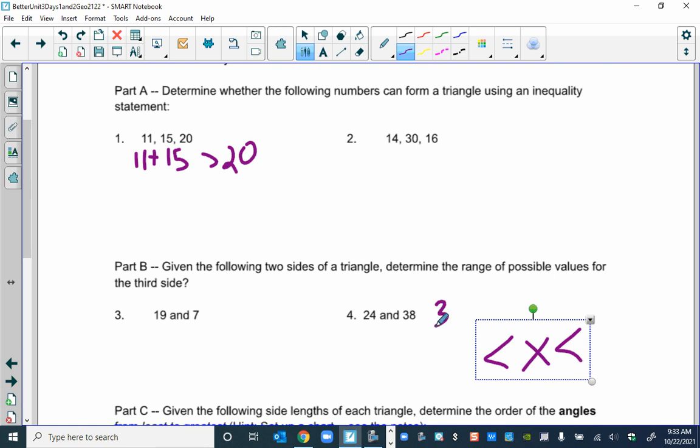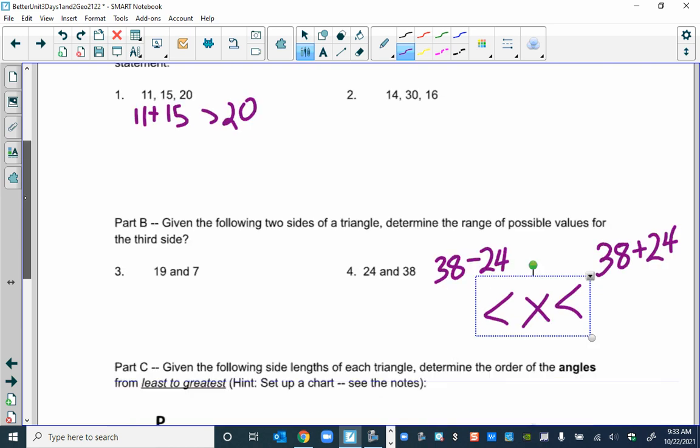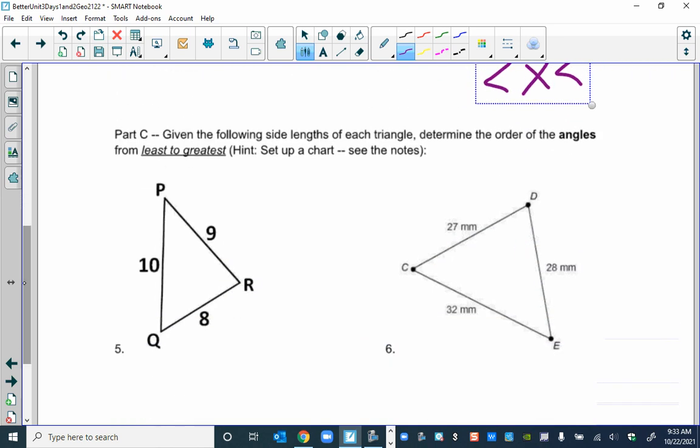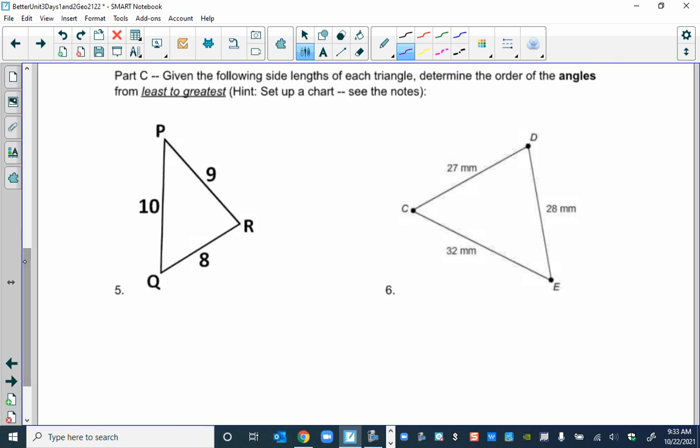You either subtract the numbers, then you add your numbers. So that's what we have going on for the first parts. Part C, this is easy. We were doing this last time. Part C, again, this was from last time.